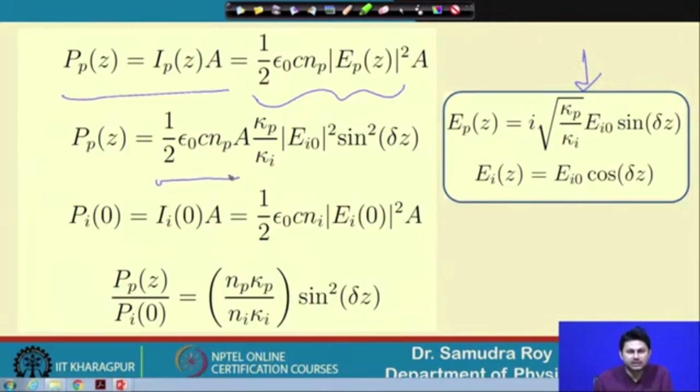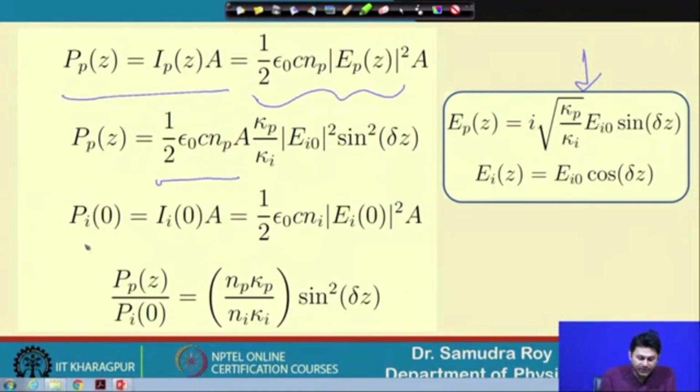This quantity is as usual, and mod of EP squared means the square of this quantity, or this multiplied by its complex conjugate. When we take the complex conjugate, the i term will not be there. So, we have κP κI mod of EI0 and sin squared δz.